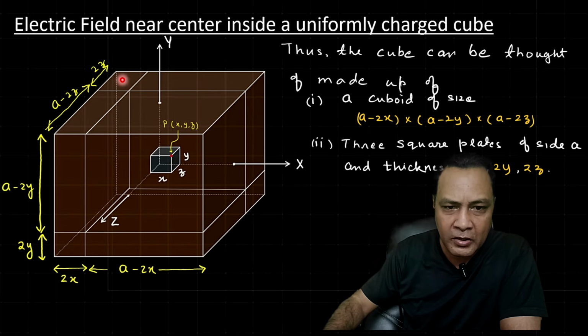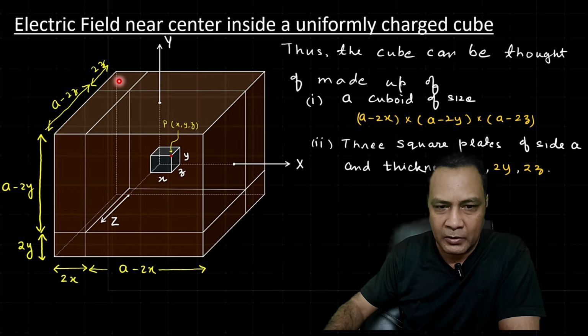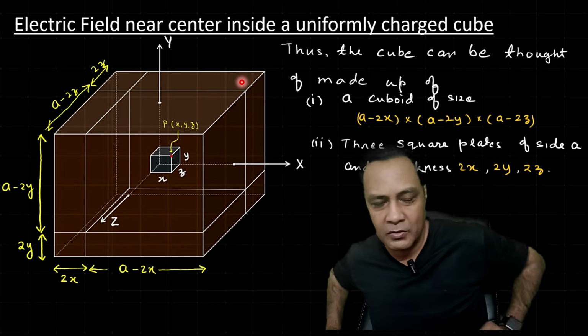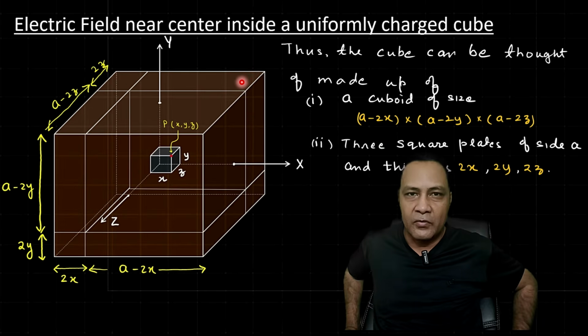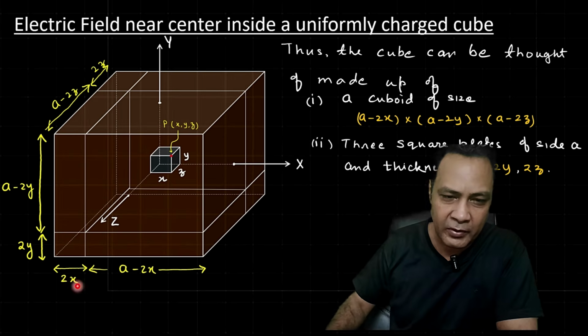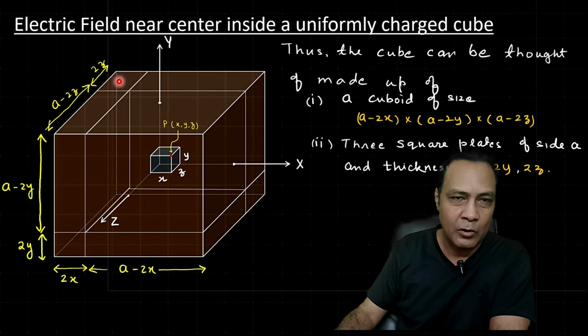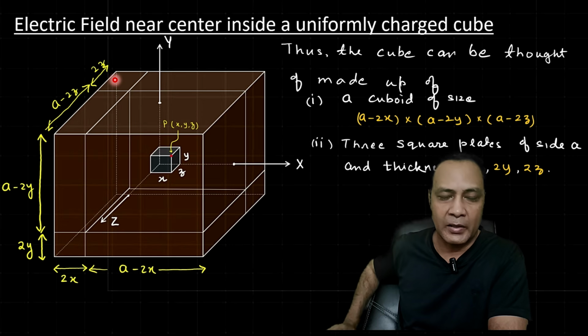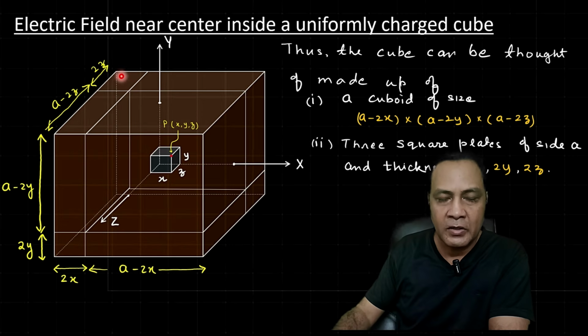And then there are 3 square plates. I'll repeat that I am including this part in this also, that I can approximate because x, y, z are very small. So the contribution, if I add or delete a very small part, will not significantly affect my calculation.